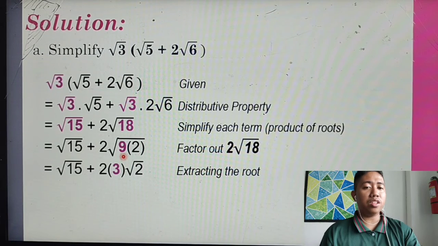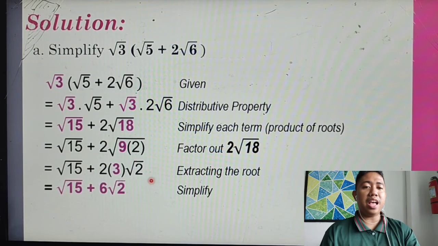The square root of 9 is 3. So we have the square root of 15 plus 2 times the square root of 3 times the square root of 2. To simplify the product, 2 times 3 is 6. So it becomes the square root of 15 plus 6 square root of 2, and that is our final answer.